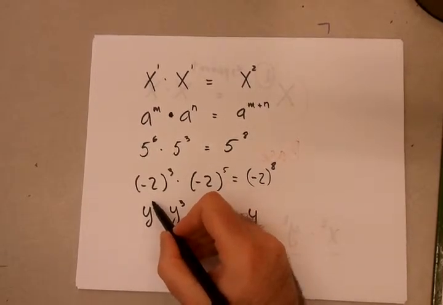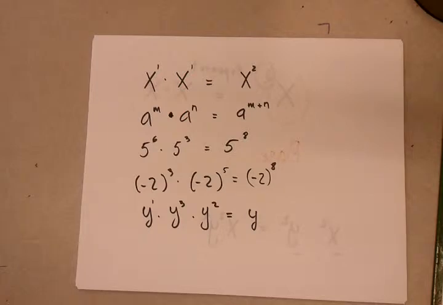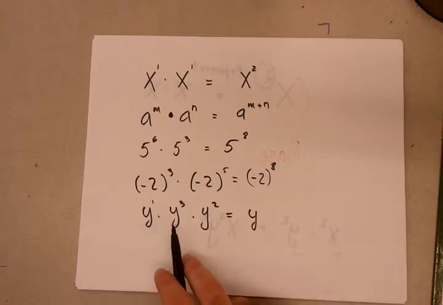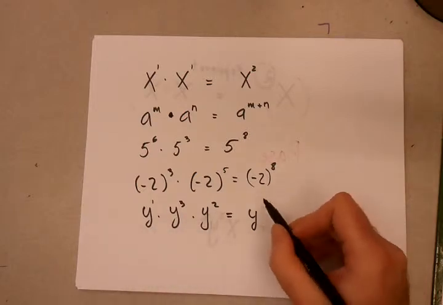Here there is that hidden 1 that we don't typically write, but it's always there. So if there is no exponent present, assume a 1. Kind of like if it's x plus 2, there's always a 1 in front of that x being multiplied. There's also always an exponent of 1 present too. It's the hidden multiplier, the exponent in this case. 1 plus 3, that's 4. 4 plus 2, that's 6.